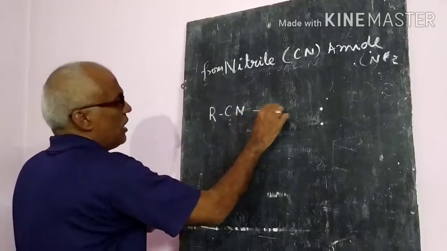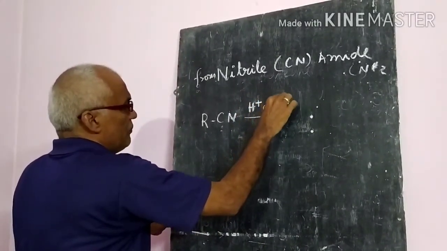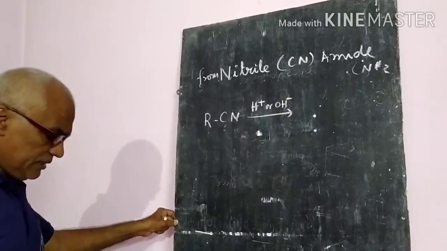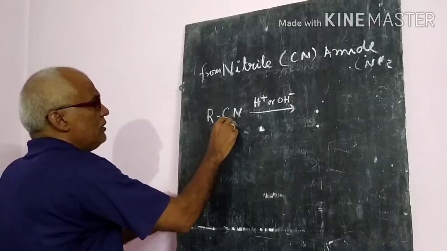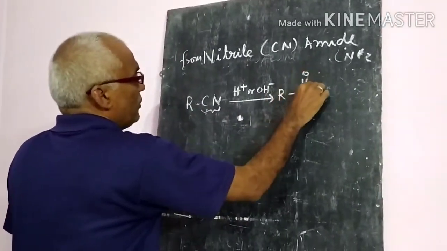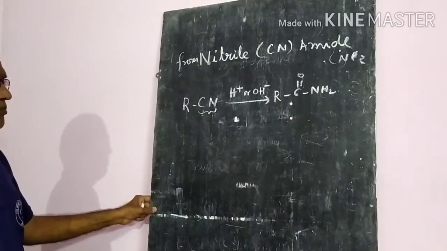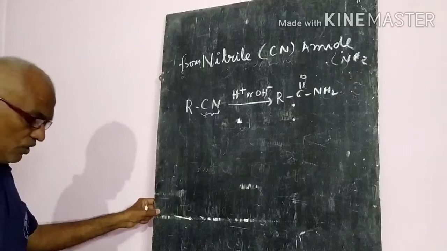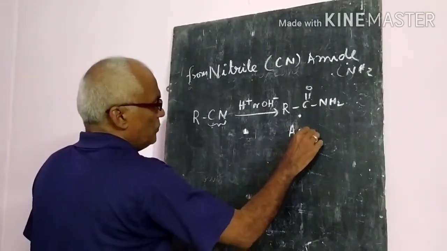In the presence of either acidic medium or basic medium, first what will happen? This cyanide group is converted into the amide group, C double bond O and NH2. This is called the amide group.